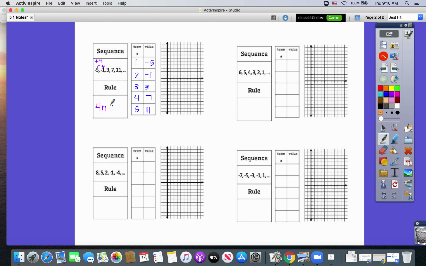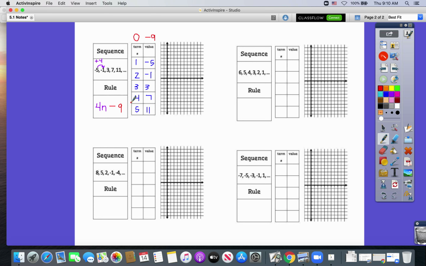If we want to figure out the rest of this rule, we just need to go back one and find the term before the first one. What would that be if we had it? If we go back one, that would be at -9, because every time here we are adding 4. So if we subtract 4, that puts us at -9. So this rule is 4n minus 9.